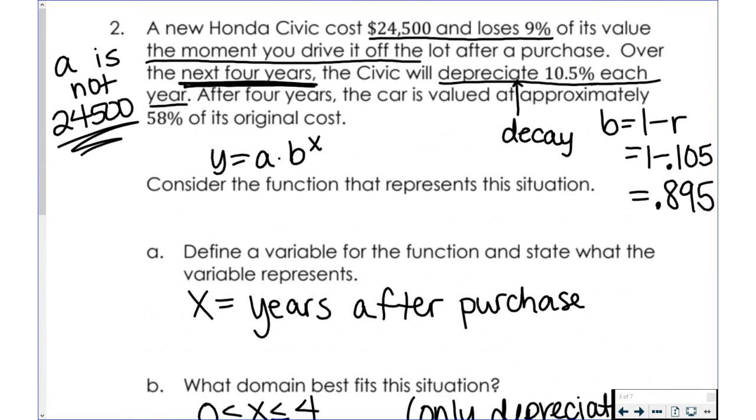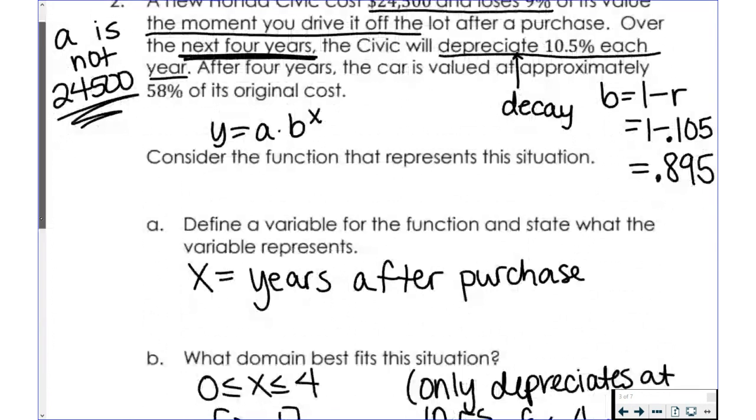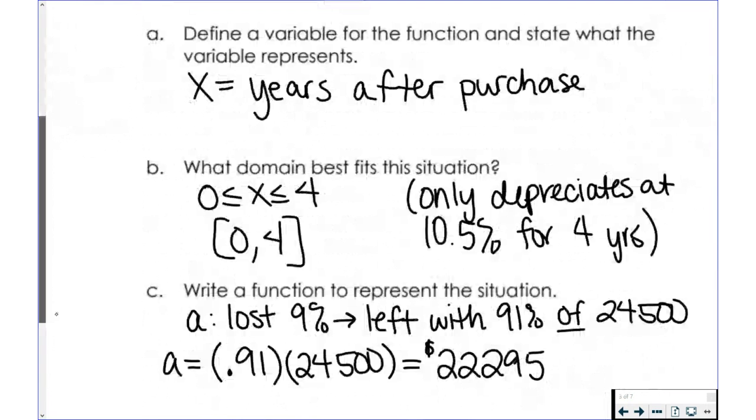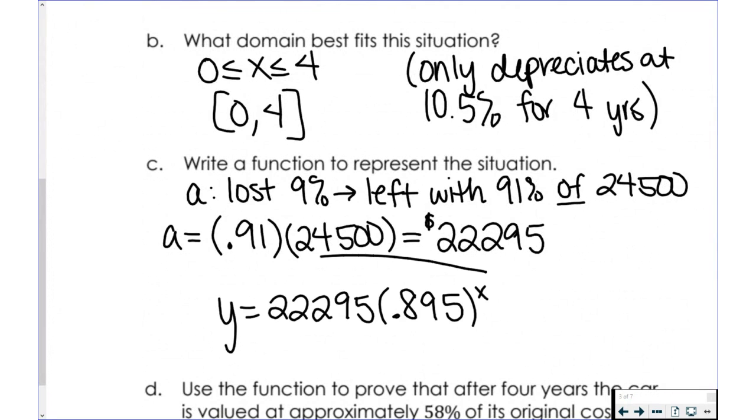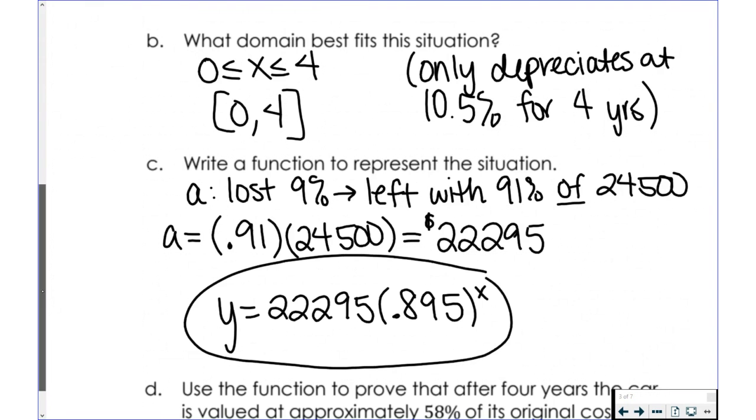Subtracting, you get 0.895. So that's your B value. So there's our function.